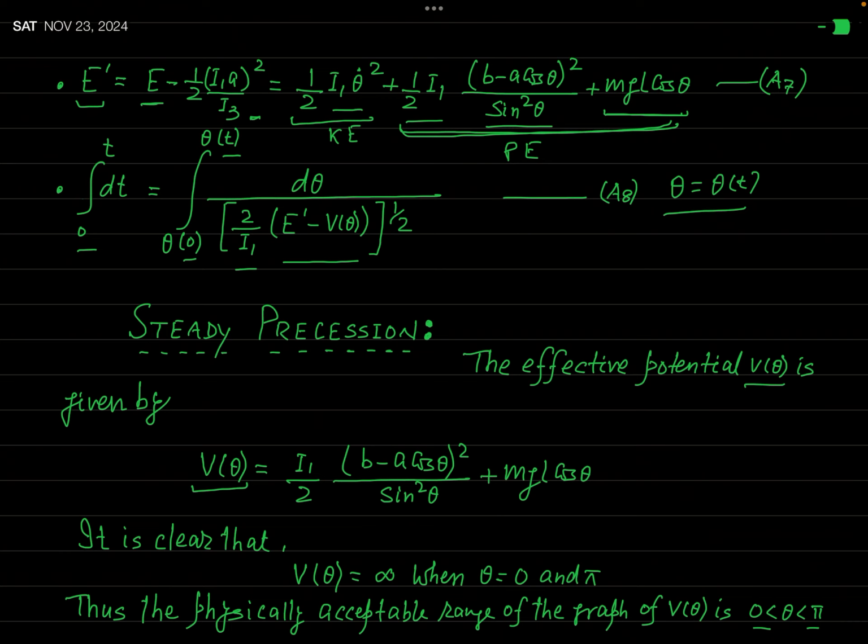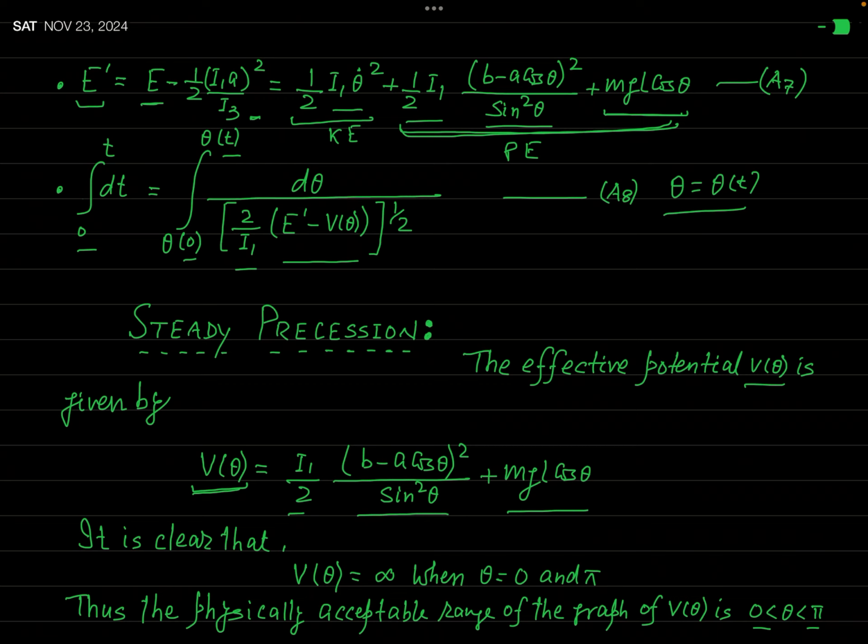You have seen that this effective potential V of theta is equal to I1 over 2 times (B minus A cos theta) whole squared over sin squared theta plus mgl cos theta. First of all, we will see the graphical plot of this V of theta.